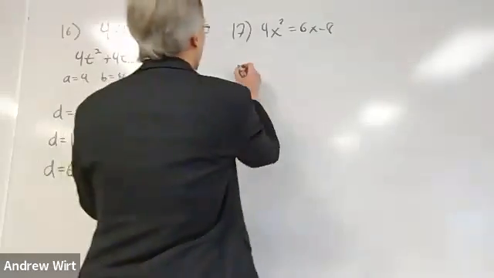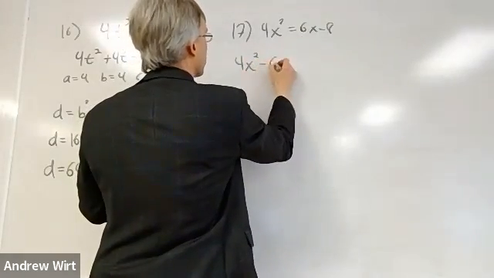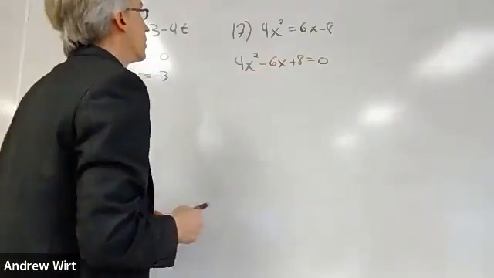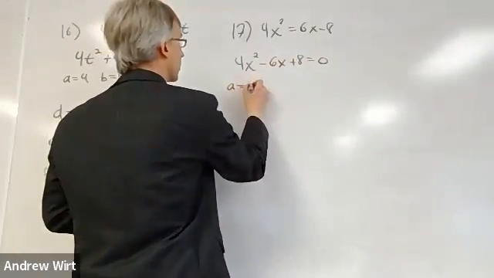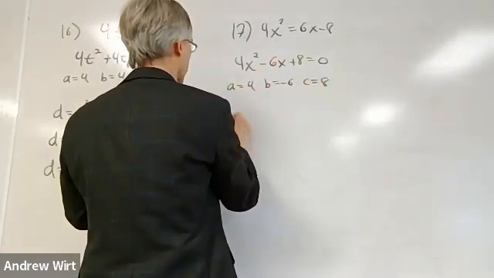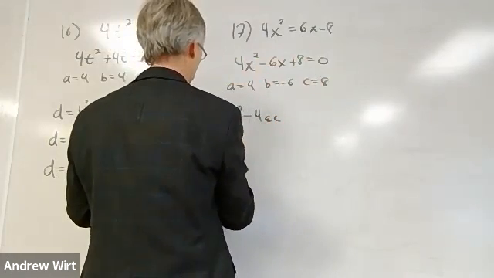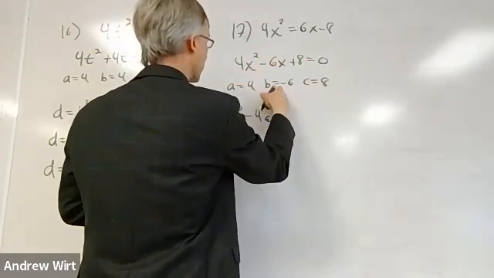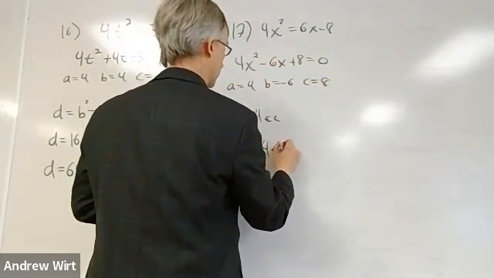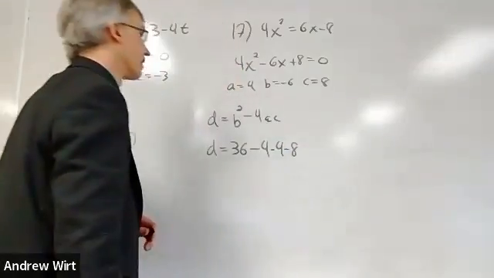Let's move everything off to the left. We'll subtract 6x from both sides and add 8 to both sides. All right, so A is 4, B is negative 6, and C is 8. So the determinant is B squared, negative 6 squared is positive 36, minus 4 times 4 times 8.